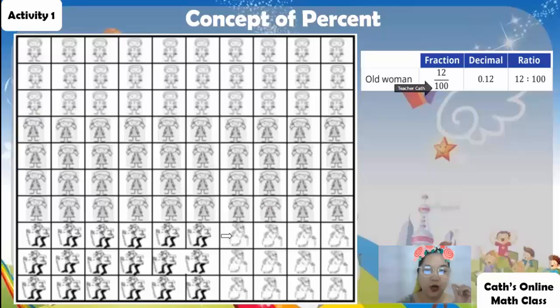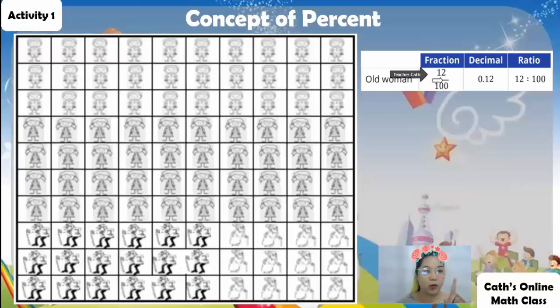Let us count: 1, 2, 3, 4, 5, 6, 7, 8, 9, 10, 11, 12. So there are 12 old women in this whole chart that is composed of 100. That's why if we make it into a fraction, it will be 12 over 100.